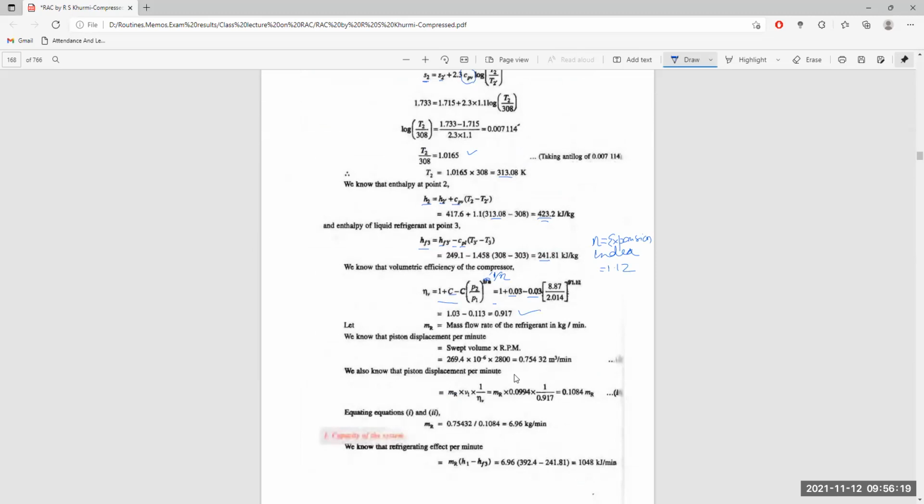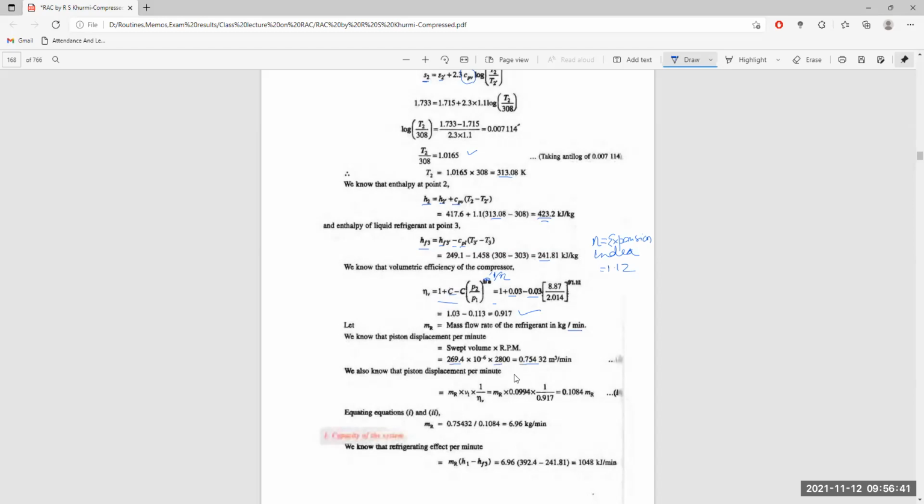MR, the mass flow rate of the refrigerant in kg per minute. We know the piston displacement is the swept volume times the RPM. Swept volume is given, multiplied by the RPM given, so the piston displacement is equal to 0.74.